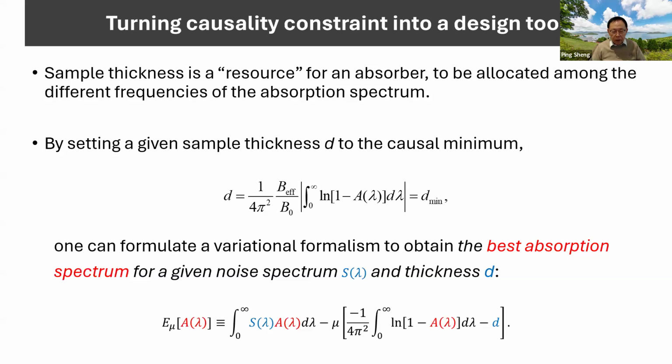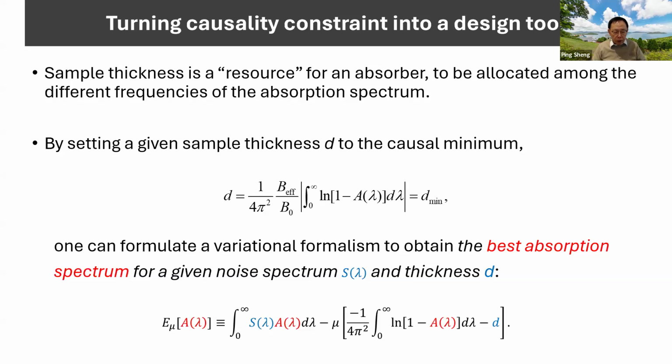The second term is a Lagrange multiplier, and the constraint is imposed in the square bracket. The minus sign here is just to replace the absolute value sign, because 1 minus A is always less than 1. So when you take a log, it's a negative value.